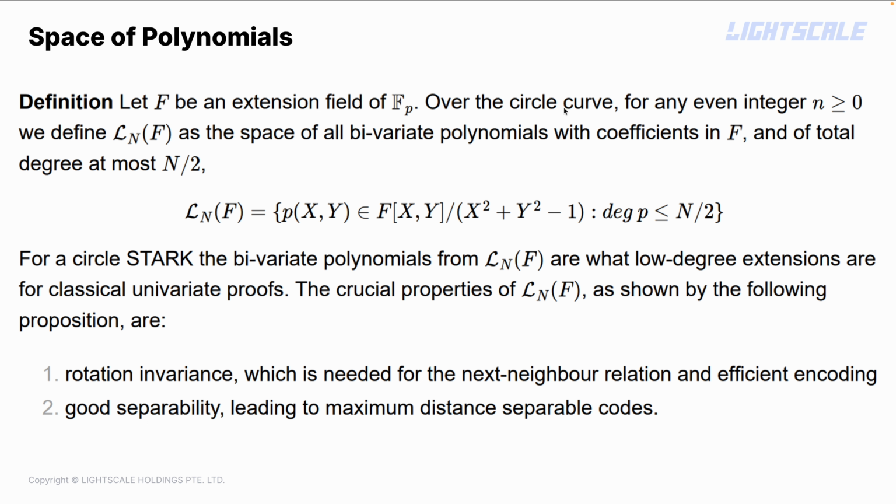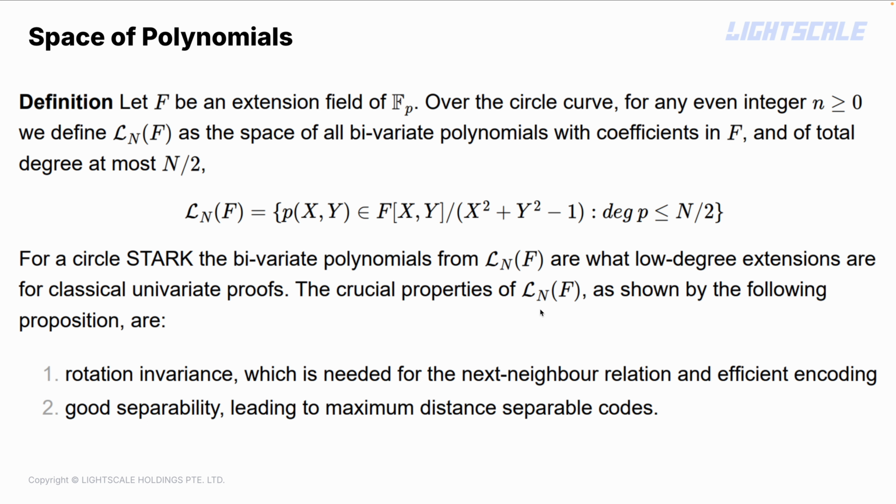So now we define the space of polynomials for the low degree testing. This is the space of bivariate polynomials defined like this, over the unit circle, right? And this is basically what low degree extensions are for univariate proofs.